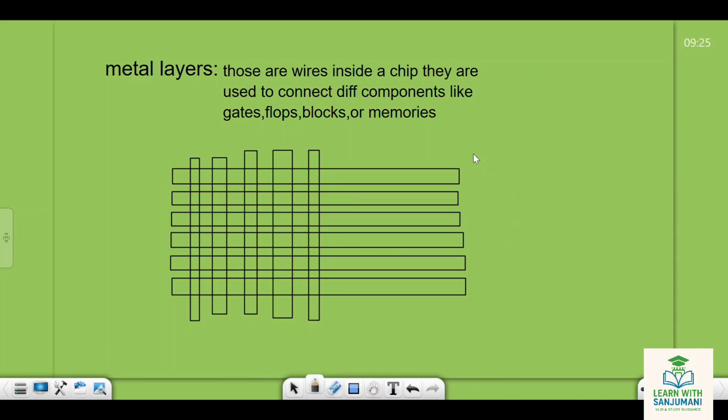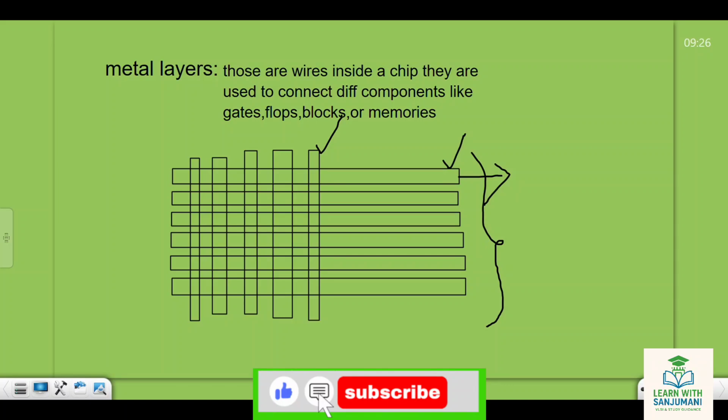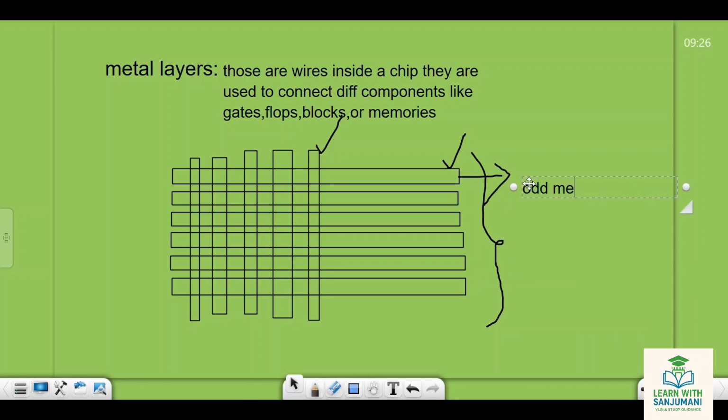Initially, we have two types of metal layers. First one is horizontal metal layers. Second one is vertical metal layers. Horizontal metal layers are odd numbers. Just I will text here: odd metal layers.